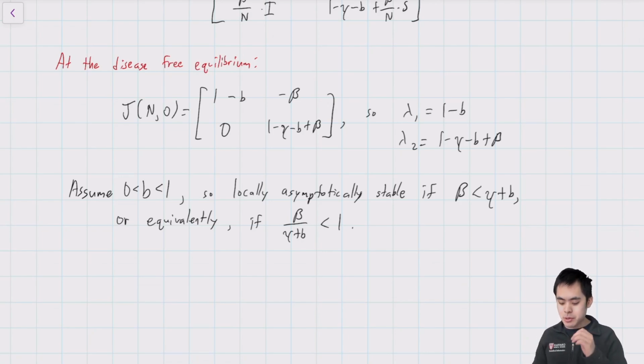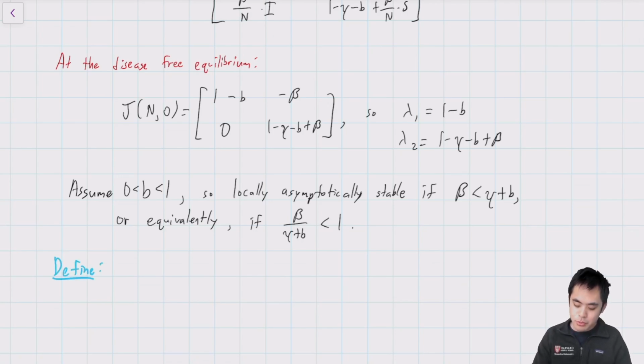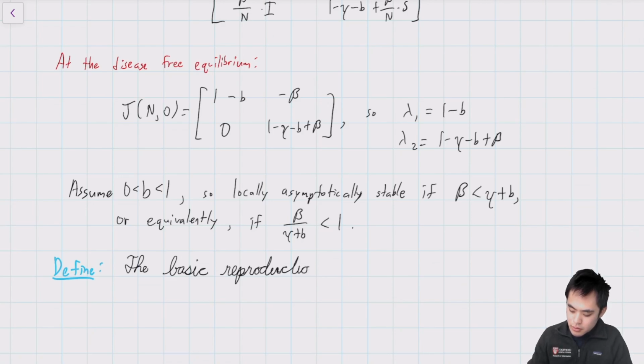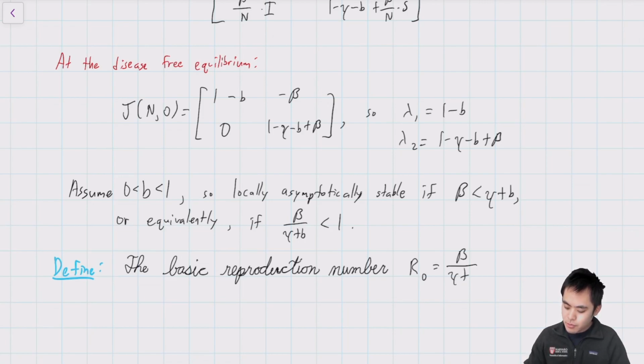That depends on this number, beta over gamma plus b. So let's go ahead and give that a name, which we've seen used before in basically the same setting. We're going to define the basic reproduction number, and we're going to call it R naught, which is equal to beta over gamma plus b.